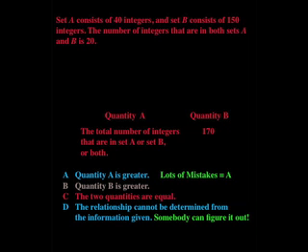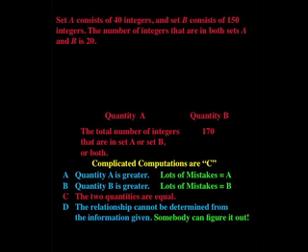We could pick quantity B, but then we realize that lots of mistakes might lead to quantity B being larger, and they would get the right answer by accident, and that can't happen. And so we realize that when we get a complicated computation, the answer is most likely to be C. So we would pick C. The two quantities are equal because there's only one equal.